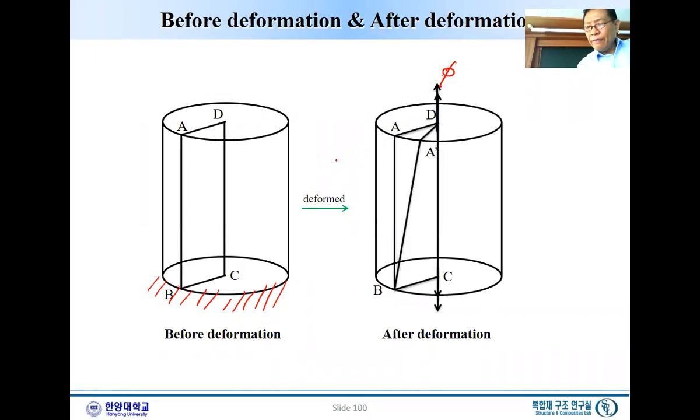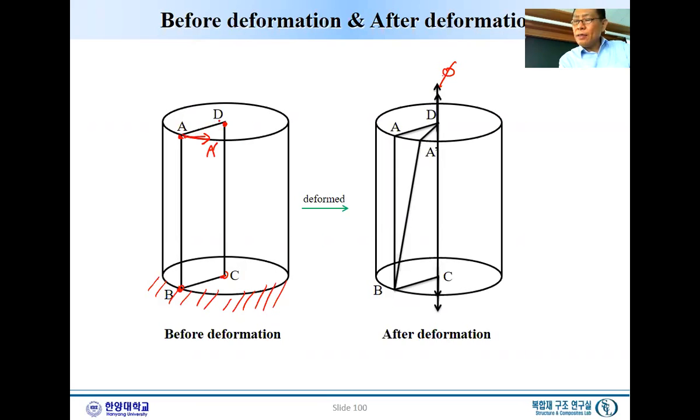Now, after this deformation, let's consider this A. Before deformation, there are A and B and C and D. This is just an arbitrary mark. After deformation, this A will move to another point we call A prime.